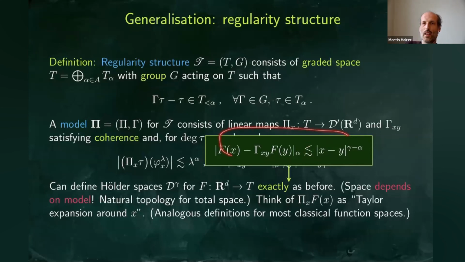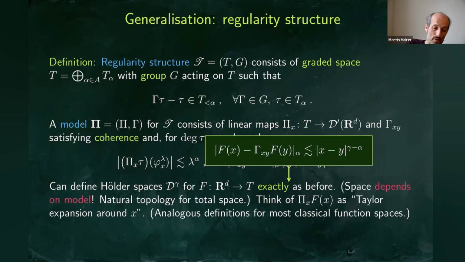You take your favorite Besov space, and you can actually write it. It's often not written in this form, but if you think a little bit about it, you can easily find equivalent norms that are written in terms of the coefficients of the Taylor expansion, and the norm then makes sense in this context.